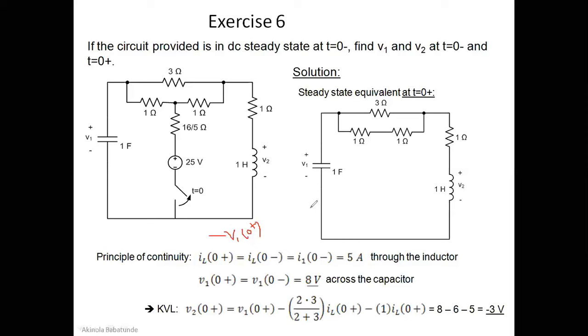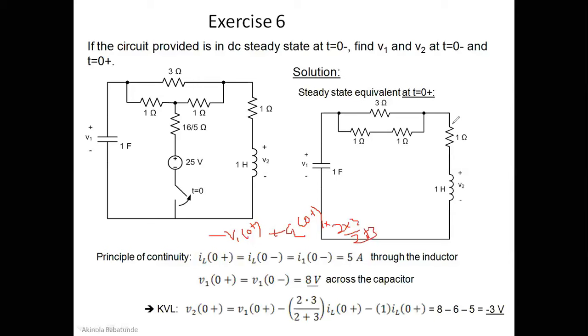So this will give us plus IL(0+) multiplied by this parallel connection, which will be 2 times 3 divided by 2 plus 3.